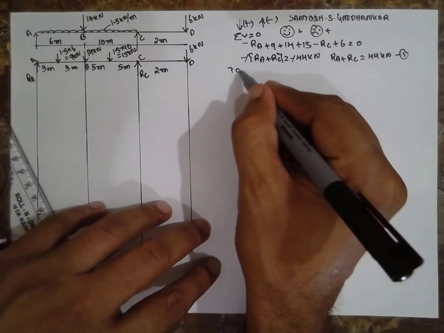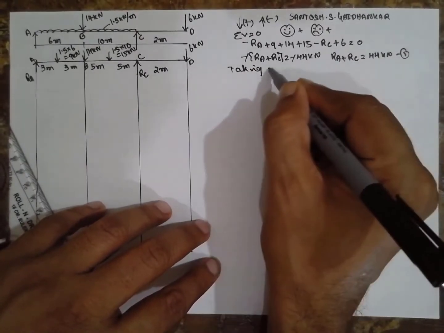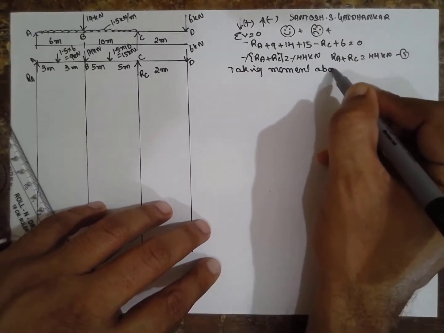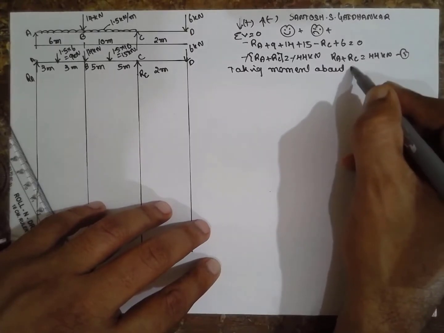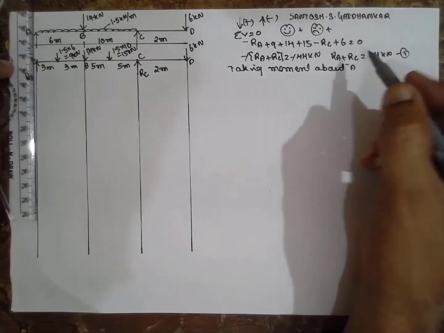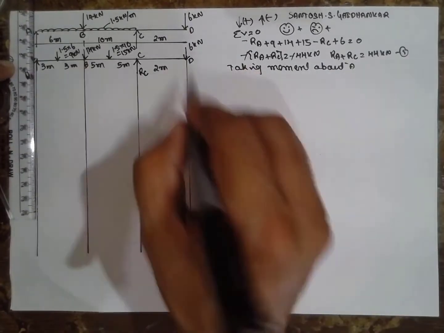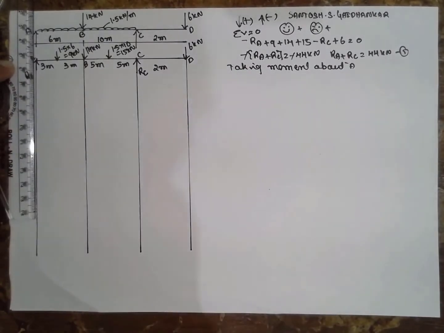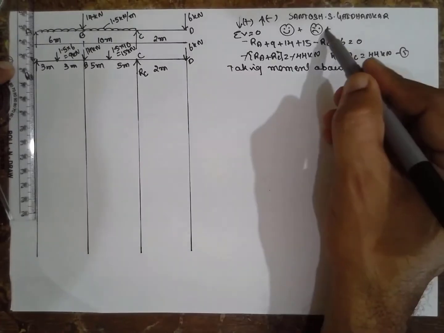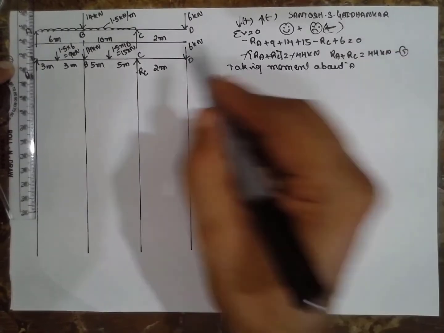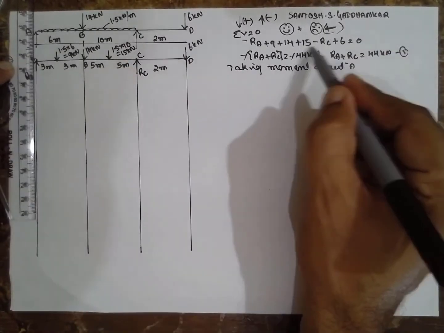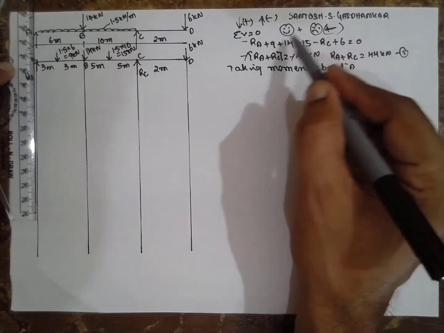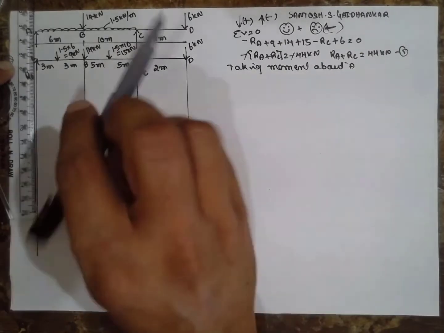Now taking moment about A. If it is clockwise, we have to consider negative; anticlockwise is positive.